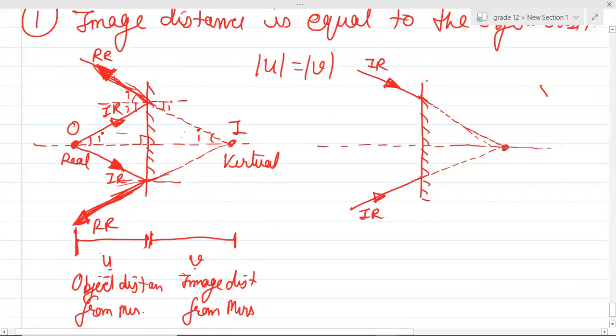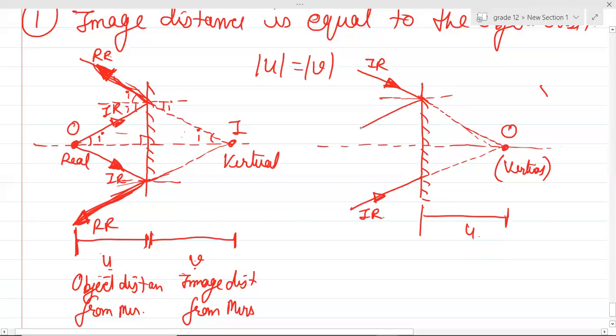Can you say both these incident rays are appearing to meet behind the mirror at this particular point? So this is basically your object, and what kind of object is this? Virtual. So basically this will be your object distance, and after reflection the light rays will go like this.